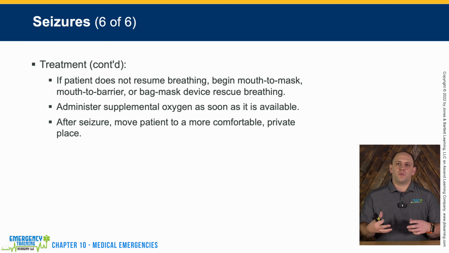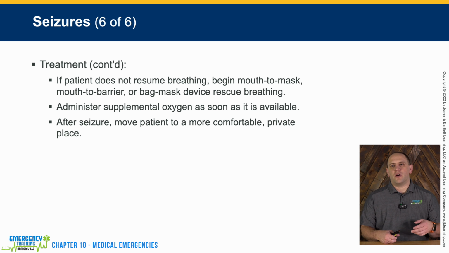If they don't start breathing normally after the seizure has stopped, we may need to breathe for them, either using a mouth-to-mouth method or a mouth-to-barrier, or if we have a bag valve mask device, then we can use that to breathe for them as well.